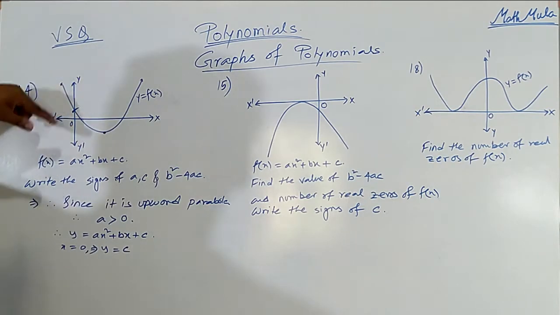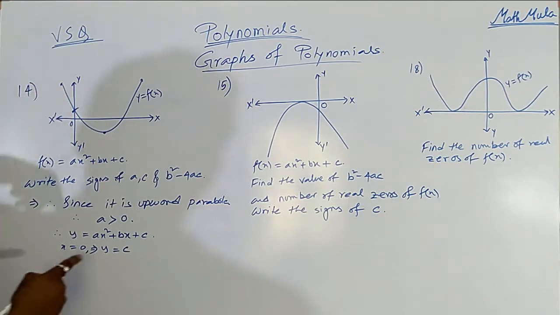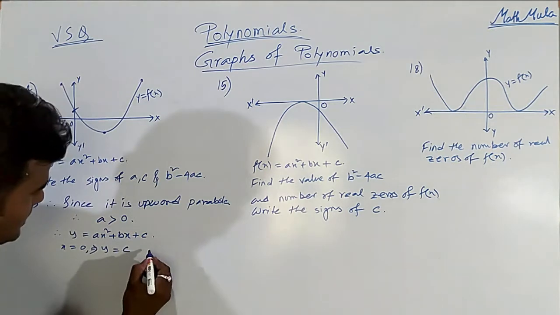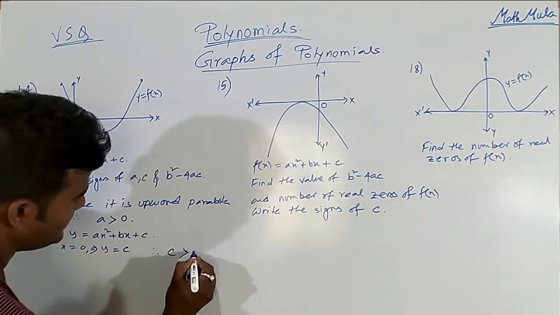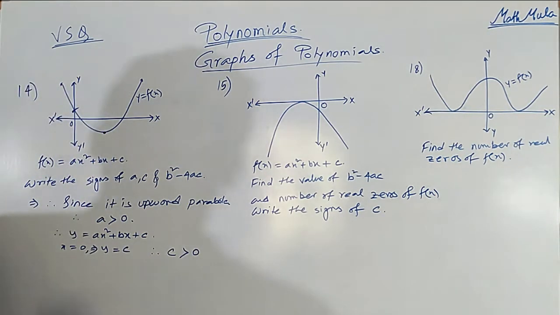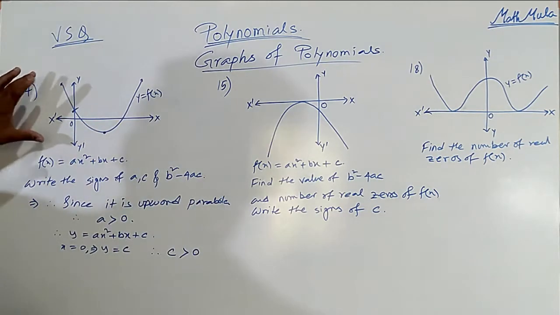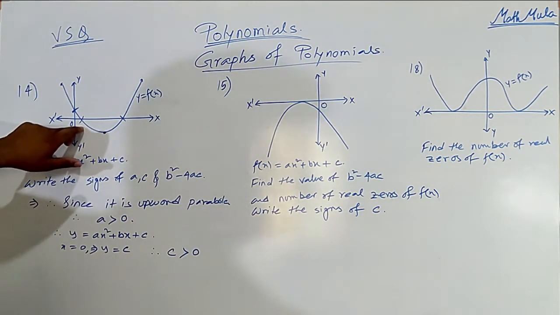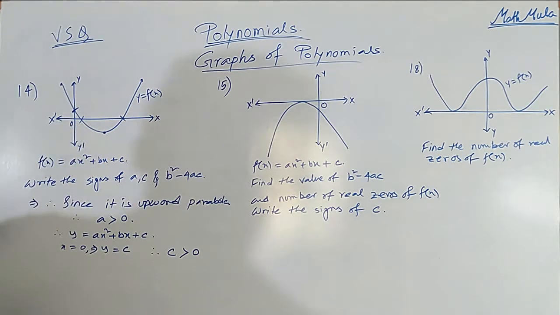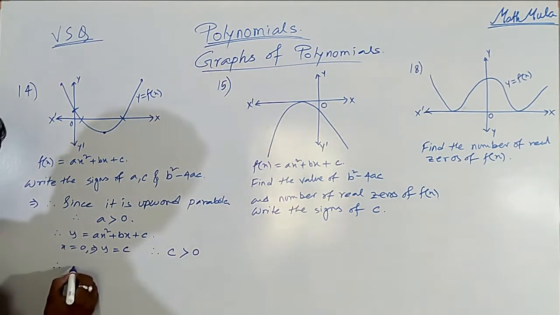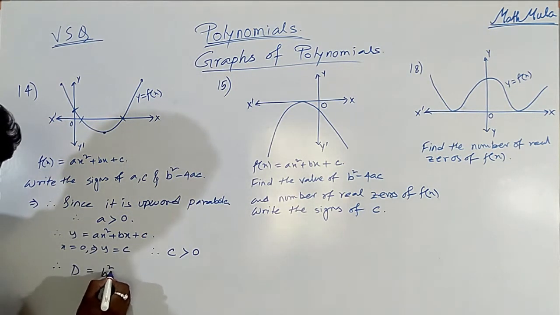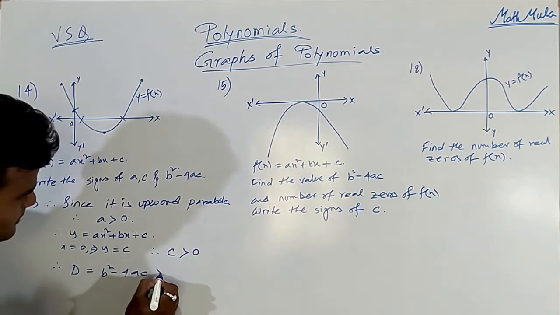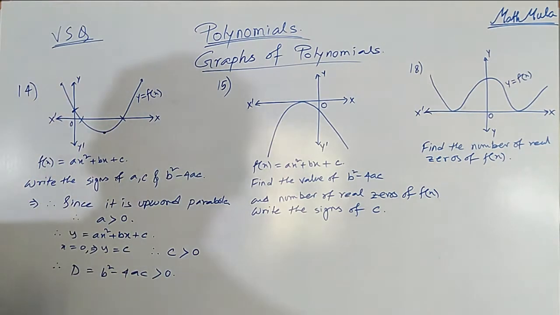This is the positive side of the y-axis, so c must be positive, greater than 0. Now for the sign of the discriminant, from this graph we can see there are two distinct real zeros. That means the discriminant of this curve must be positive. That means the discriminant, b square minus 4ac, must be greater than 0. That's it.